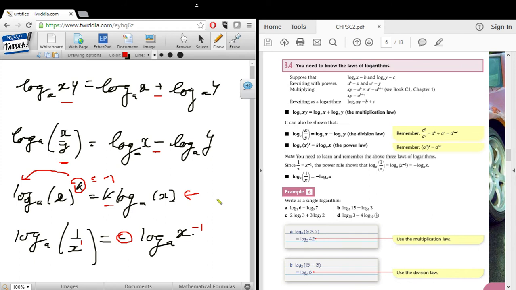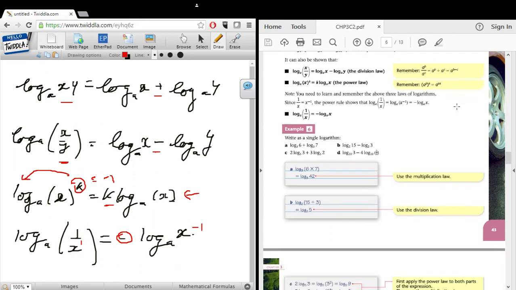Once again, if you understand your rules of indices, then it should be very easy to follow. And you can see they've used some rules of indices here: a to the power of b multiplied by a to the power of c, a to the power of b plus c. This is very important for you to appreciate.